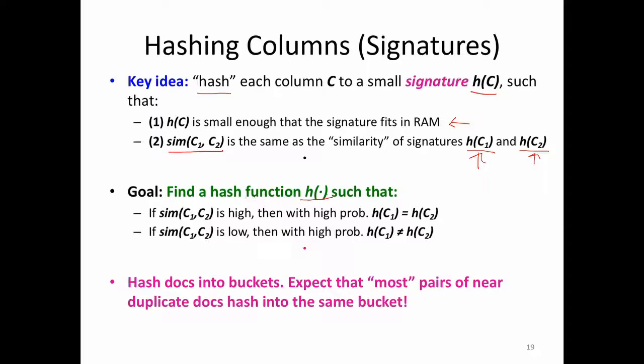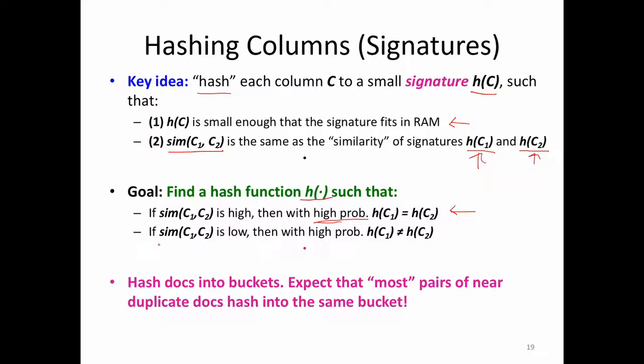Now the notion is that if sim of c1 comma c2 is high, then the probability that h of c1 is equal to h of c2 is going to be high.